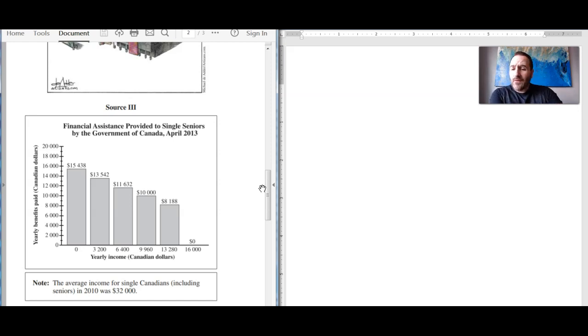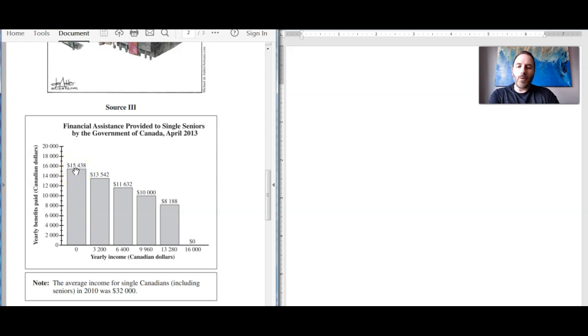So if you have a yearly income of $0, you receive assistance of $15,438. So when you make no money as a senior, the government chips in and gives you $15,000.